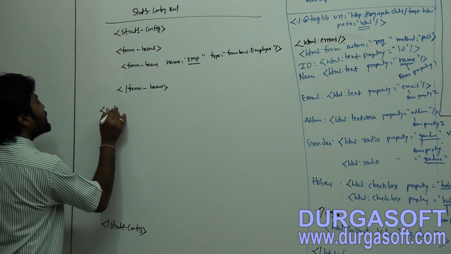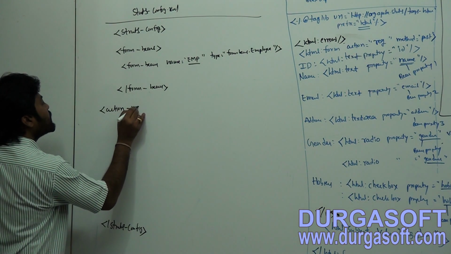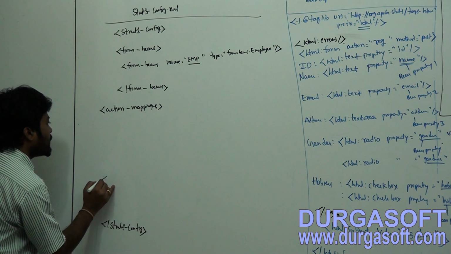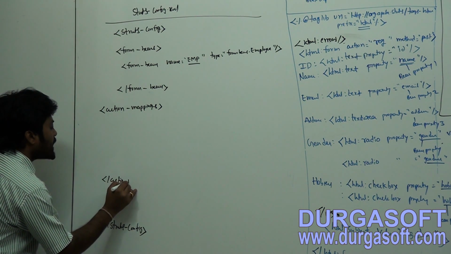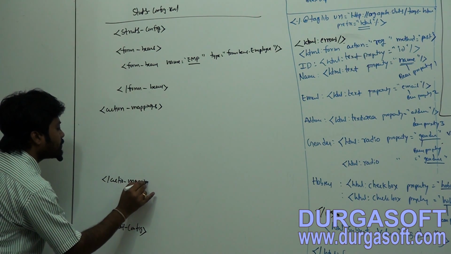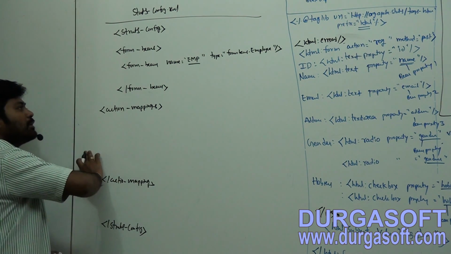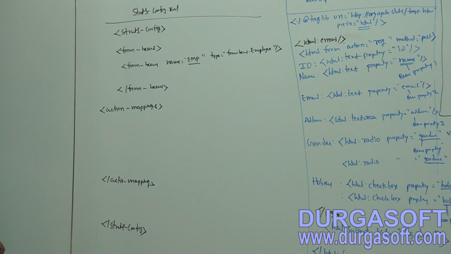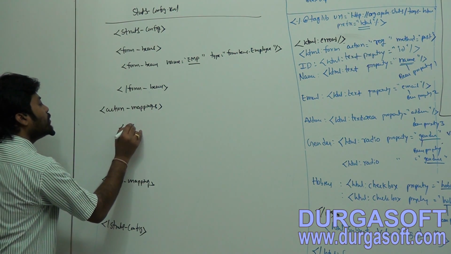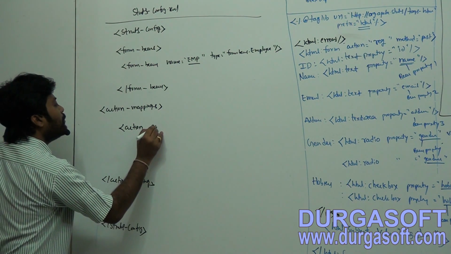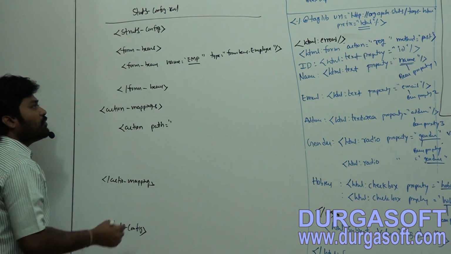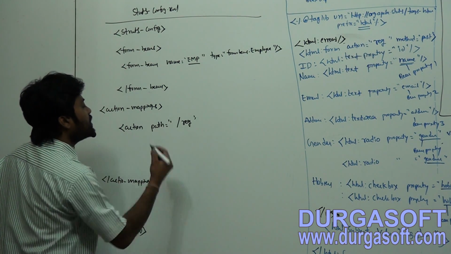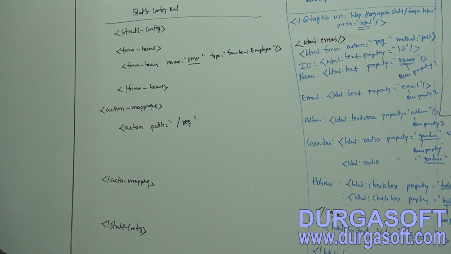To provide mappings, the main important tag is action-mappings. In between action-mappings, what do we have to map? Form to bean, bean to form. So here, to map form to bean, the action path, my form action is registration, but I need to put a slash first: /registration.